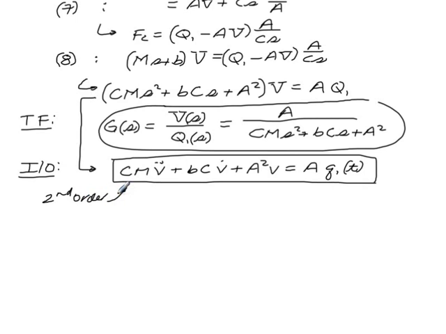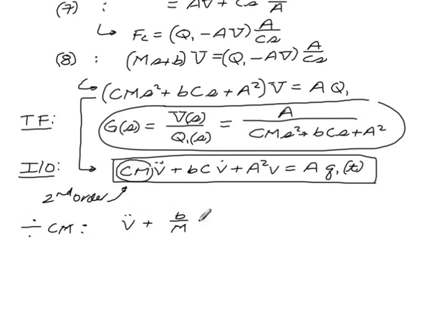So it looks a lot like our strictly mechanical system, or it looks like the LCR circuits that we've looked at. So what I'm going to do is put this in our standard form for recognizing things like natural frequencies and damping ratios. So I divide by the leading term of our differential equation, so I get V double dot plus B over M V dot.